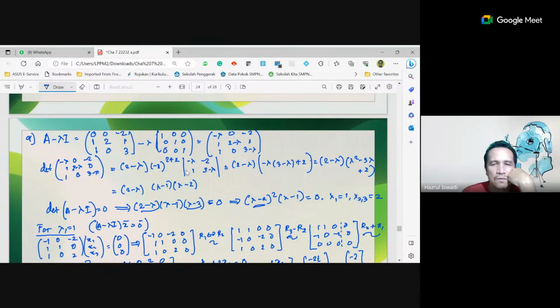Only a small mistake, but it affects everything from here to below. This is one, and this should be one.